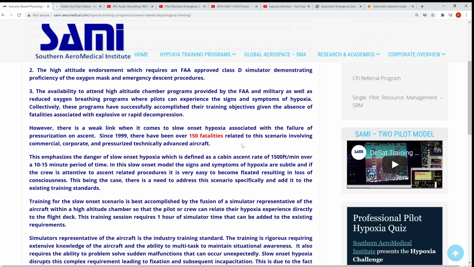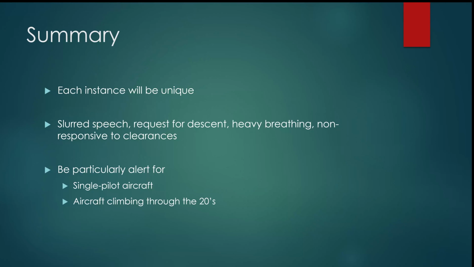But that slow onset hypoxia typically sets in as they're climbing through about the 20s. Therefore, controllers, while depressurization and things like that can happen up at altitude, where a lot of these cases are really sinister is when airplanes are climbing through the 20s. So controllers, if you have somebody climbing, above 18, below 30, let's say, to me that's the 20s, right?